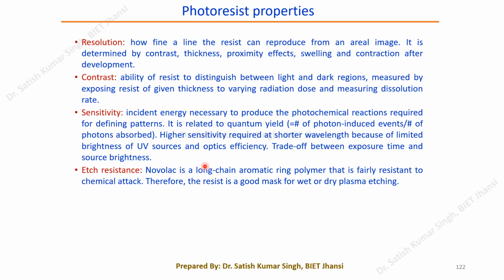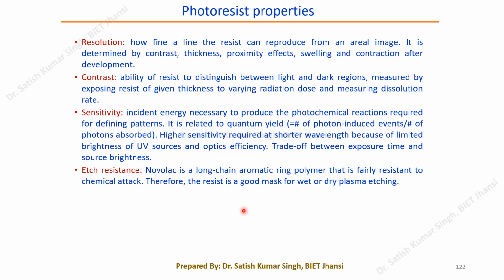When you want to remove the SiO2 layer, you have to use a particular chemical like hydrofluoric acid or HCl. At that time your photoresist, basically your Novolac, should be able to keep itself and should not be removed when we etch the SiO2 layer which is under the photoresist layer.